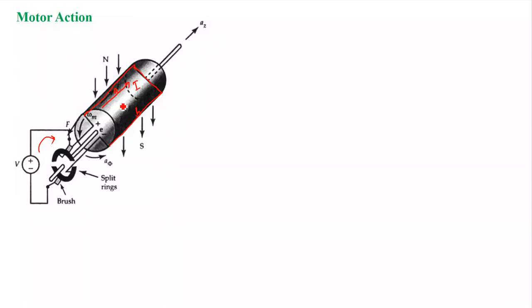Now what will happen to the force in conductor A? In which direction will it be? Let us see. When this is the direction of I, IL will be in this direction, and your field is in this direction, just downward.